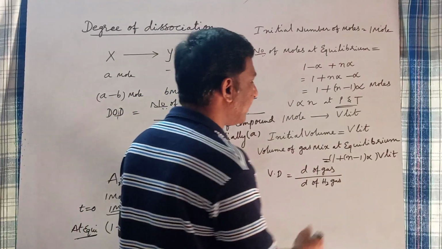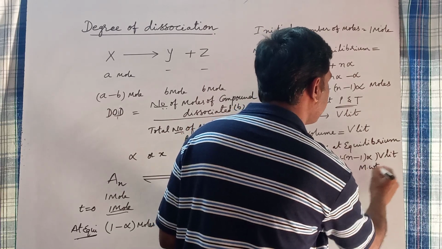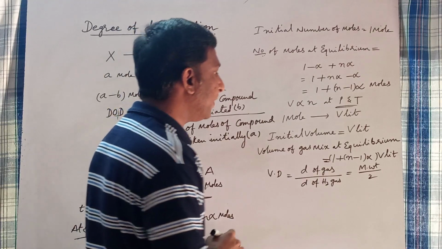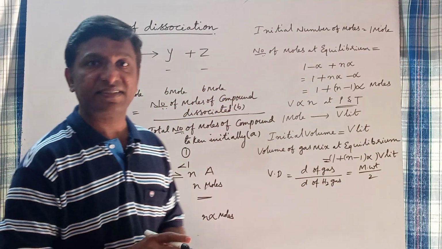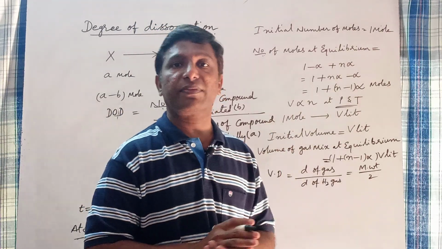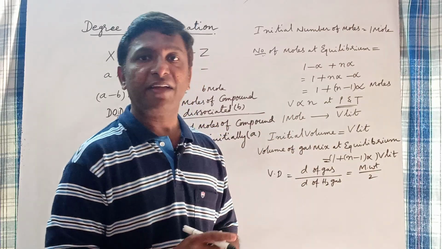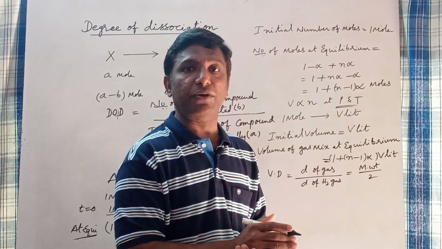So vapor density is equal to molecular weight divided by 2. This is already derived. So here the vapor density of a gas is inversely proportional to its volume, under given conditions of temperature and pressure.